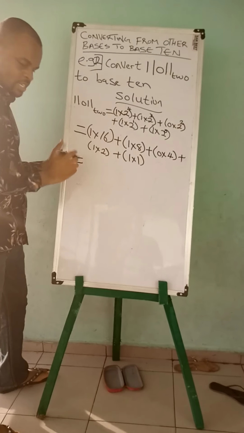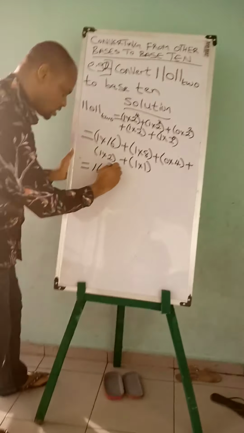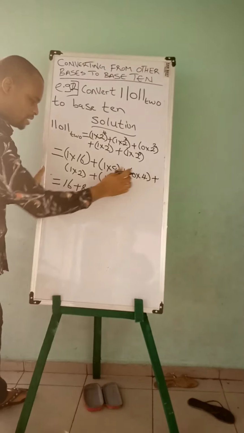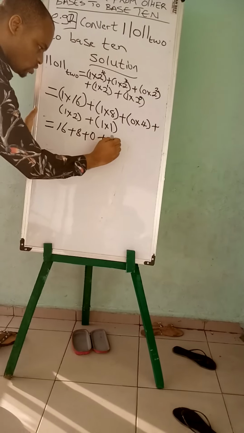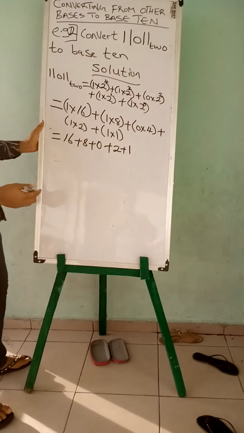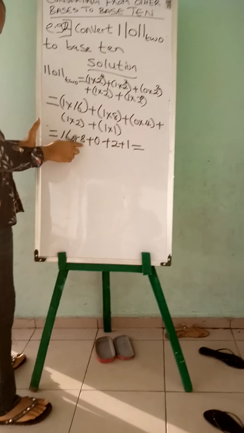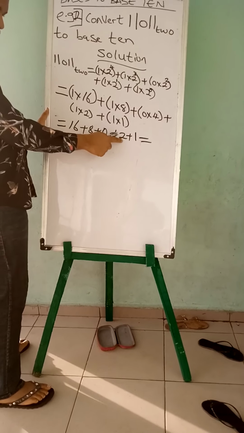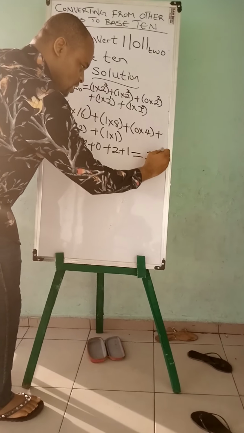1 times 16 is what? 16. 1 times 8 is what? 8. 0 times 4 is 0. 1 times 2 is 2. 1 times 1 is 1. So let's add up all these. And this will give me what? 16 plus 8 is 24. 24 plus 2 is 26. 26 plus 1 is 27.